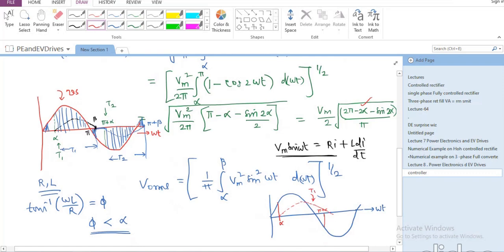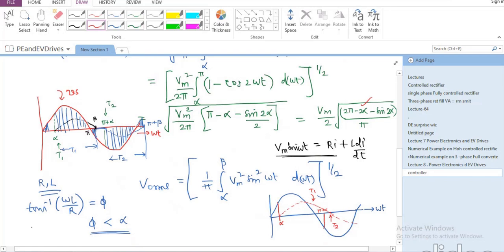Then when you fire T2 at this point, automatically T2 will start taking over. So there is no break in terms of the current at all. The current is continuous. So there is no break in the output voltage.